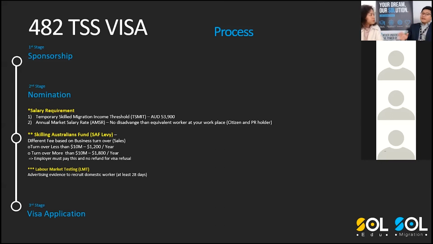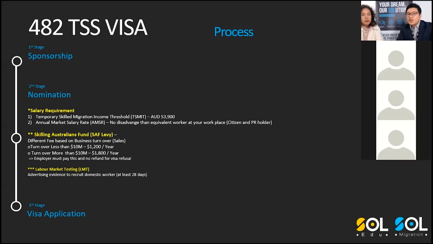Right. Because it's very clear, the Australian government wants to protect the domestic employment market. So that's why, through the LMT process, they want to provide the opportunity for the domestic worker first. And then if through the 28 days recruitment effort you cannot make it, then finally you can recruit the overseas worker through the LMT process.